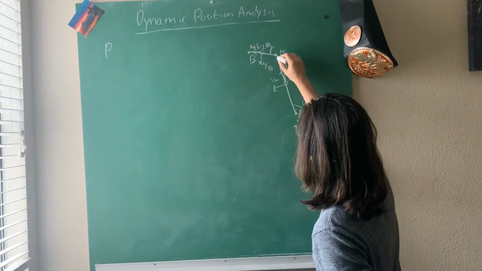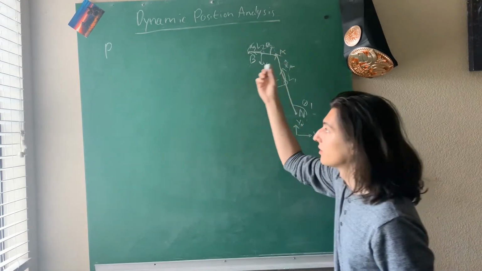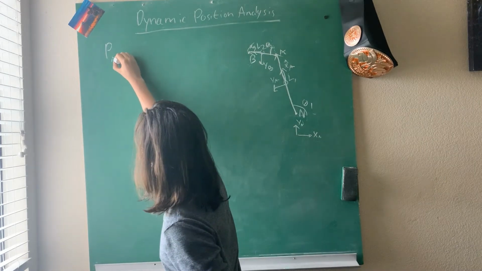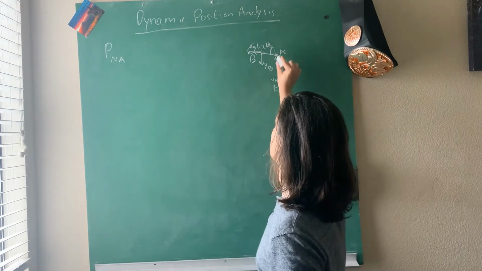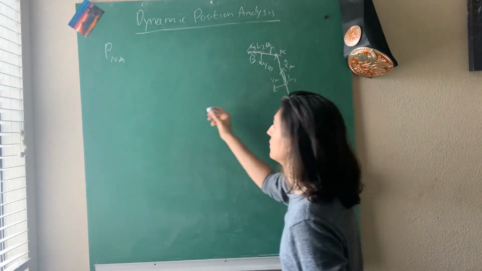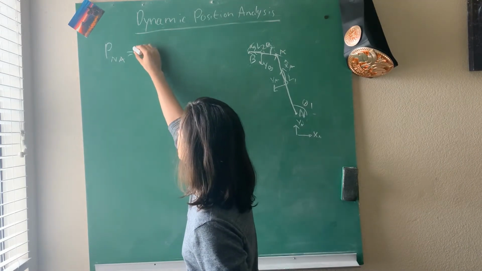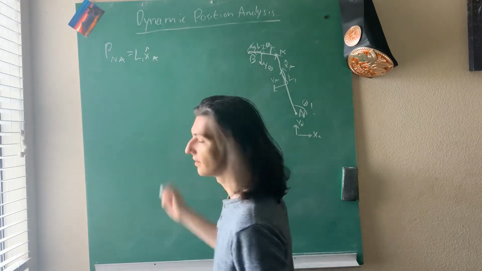So we're gonna have an arrow going this way, an arrow going that way. So we need to go P, N to A. Point N to point A. This is L1, and it follows the A frame. So it's going to be equal to L1 X hat A.